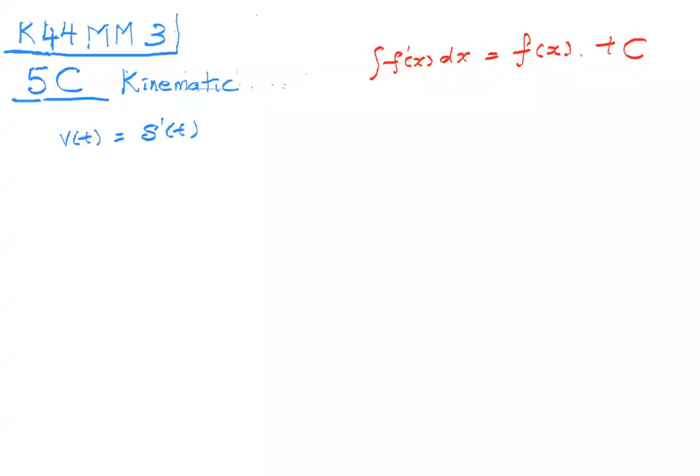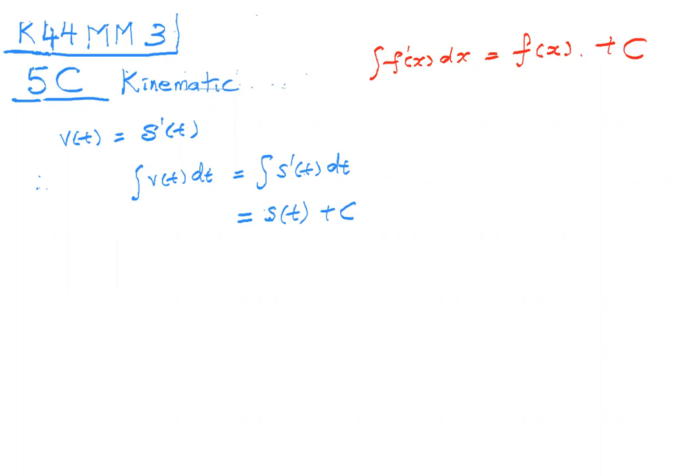So therefore, if I integrate the velocity function, which means if I integrate s prime t dt, I will get back my displacement function, right? So that is the first concept that you have to remember, because velocity is the rate of change of displacement. That is the first thing.